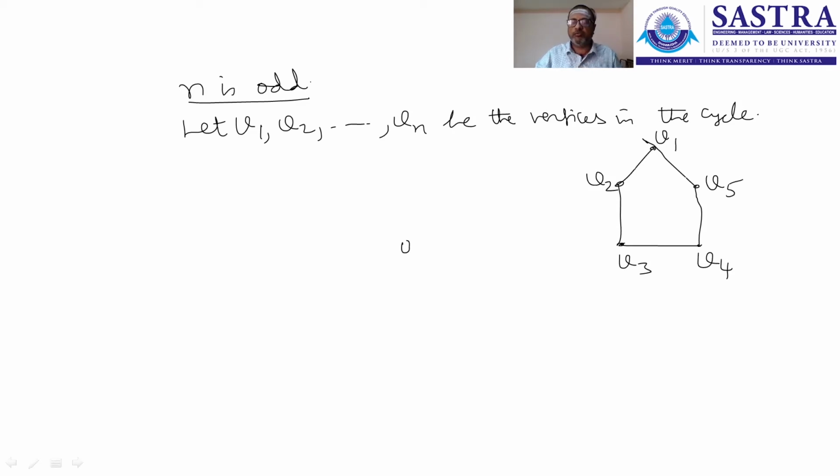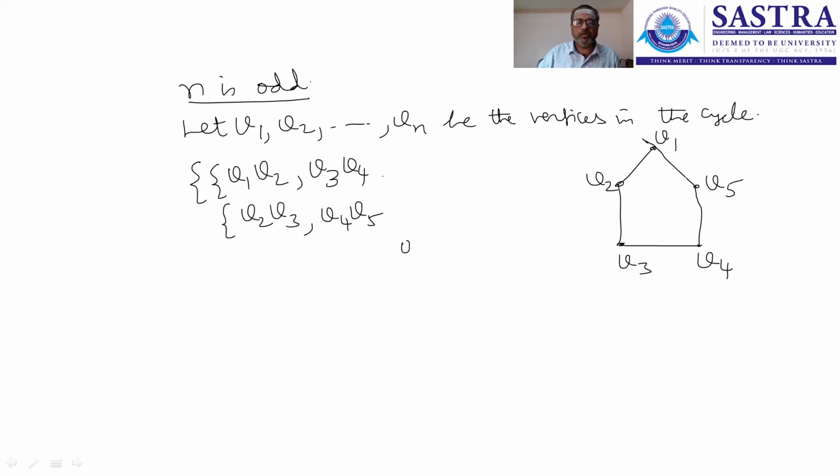Now I give a chromatic partition: V1 V2, next V2 V3, then V3 V4, V4 V5, and so on, and I will have another one, namely Vn minus 1 Vn.